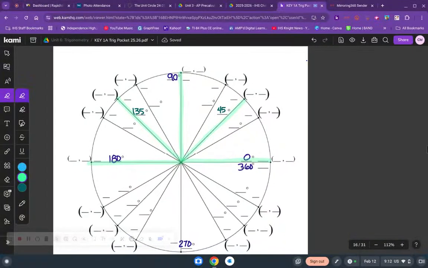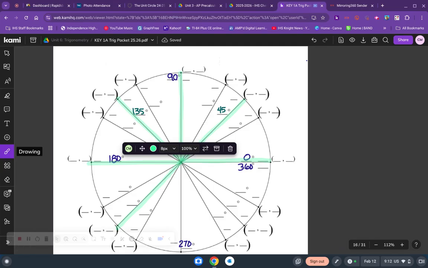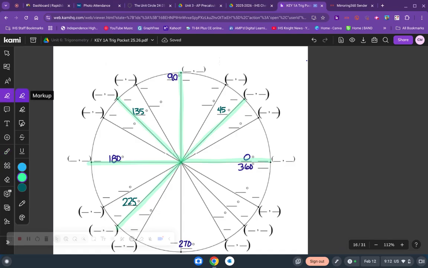So let's keep going. Let's add another 45 degrees. So in the middle of quadrant 3 here, if I add another 45 degrees to the 180, then what's my degree measure? Good, 225 degrees. Adding another 45 puts me at this quadrantal 270.